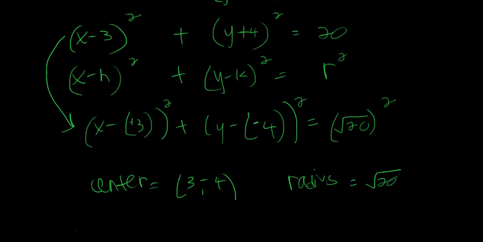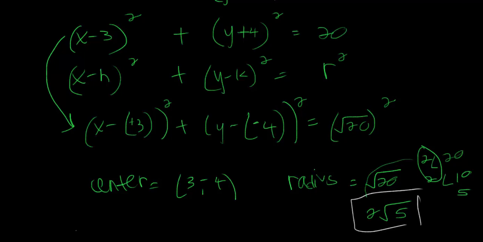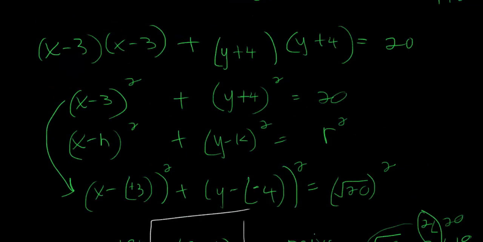But to simplify that radical, 20 is 2 times 10, and 10 is 2 times 5. So I would really want to write it as 2 square roots of 5. The 2 repeats, so it comes out once, and 5 doesn't repeat. So your final answer would be the radius of 2 square roots of 5, the center of (3, negative 4), and then it also asked us to write the equation of the circle in standard form.